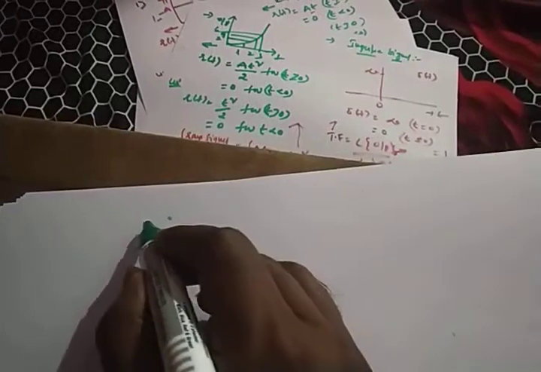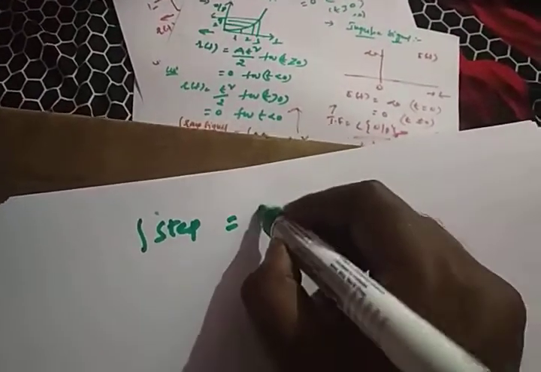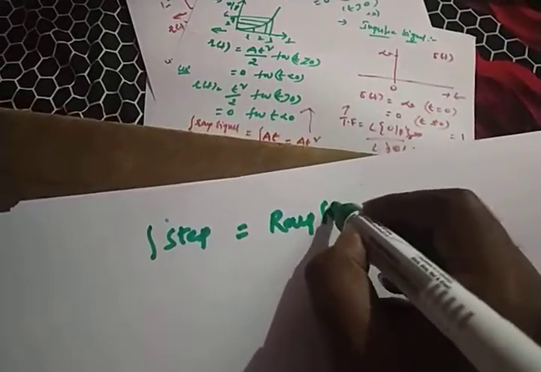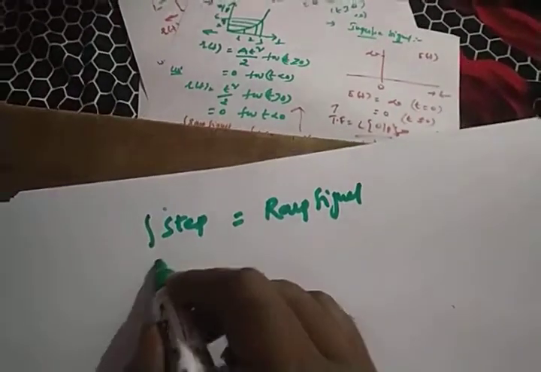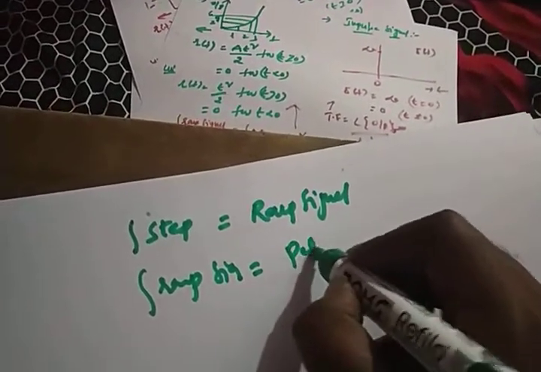So what does the statement say? The integral of a step signal is a ramp signal, and the integral of a ramp signal is a parabolic signal. So this is one type of statement that you got.